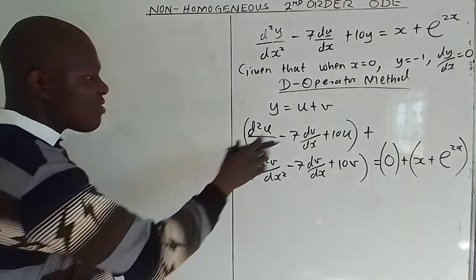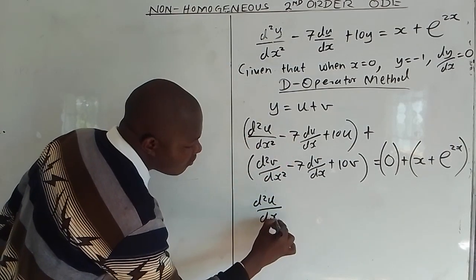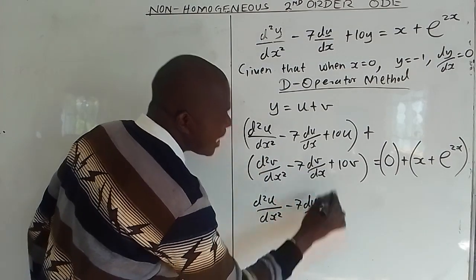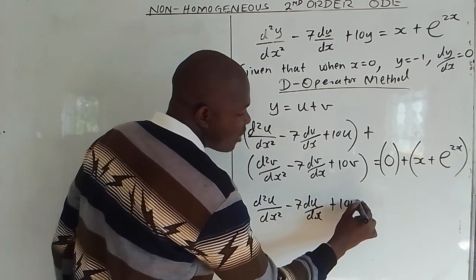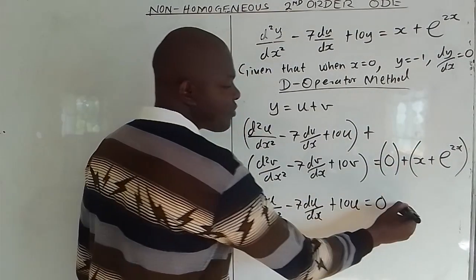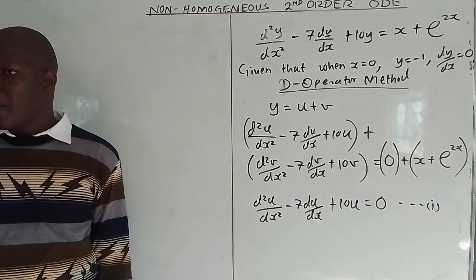So start by equating the first part, d squared u over dx squared minus 7 du over dx plus 10u, to 0. That one forms equation number 1. Are we together?